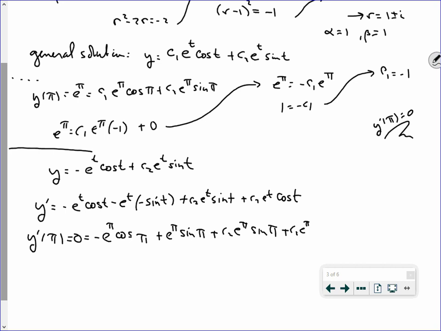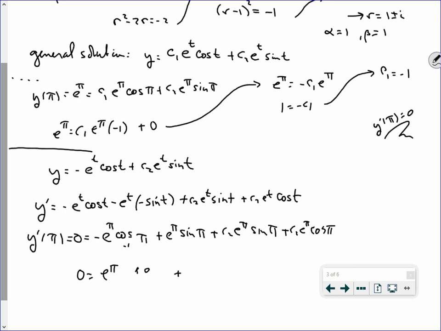Okay, so I now plug in a cosine pi. All the cosine pi's are -1, and all the sine pi's are 0. So negative e to the pi times a negative, this is -1, this is going to be e to the pi. All of this stuff is 0.